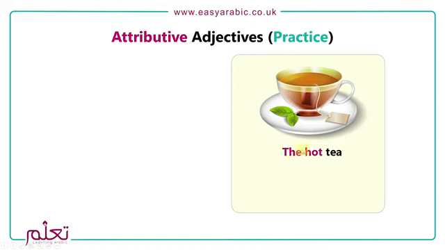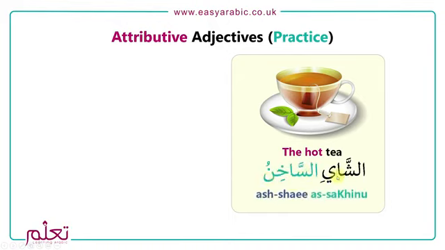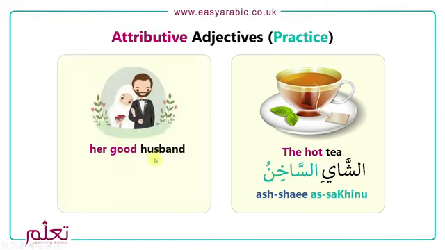Next one is the hot tea. Shai is tea. So we'll say ashai, which is the hot tea. And hot was sakhin. So ashai as-sakhinu. Then we have her good husband.